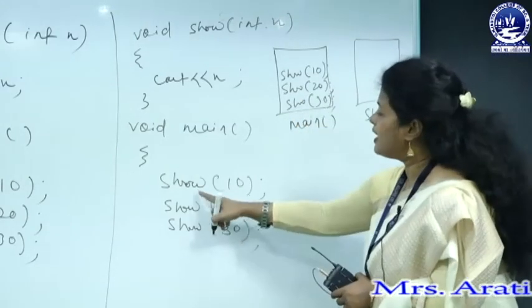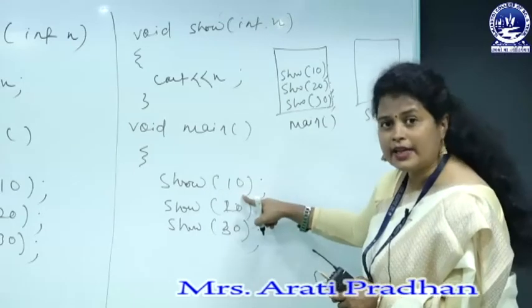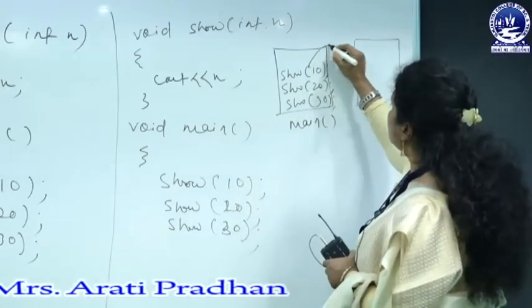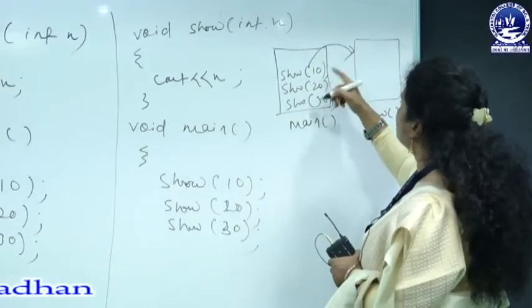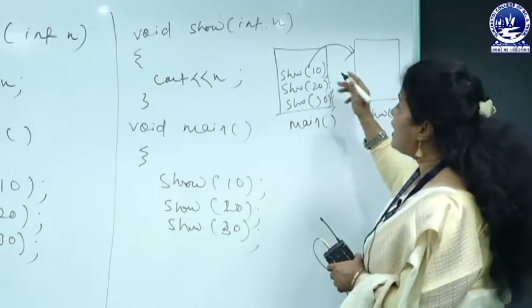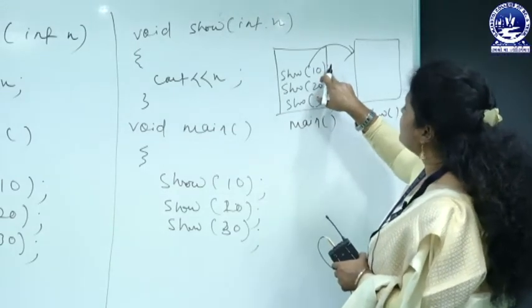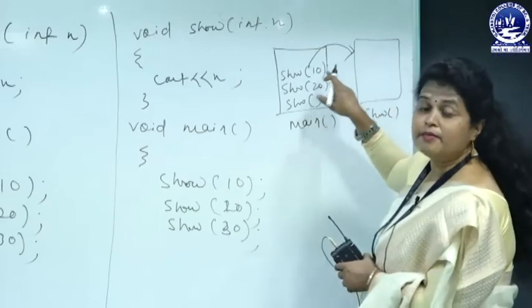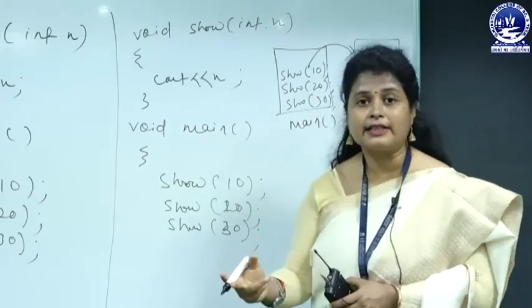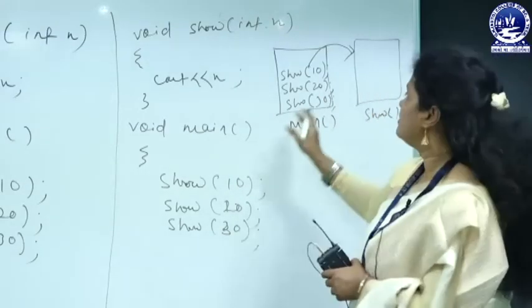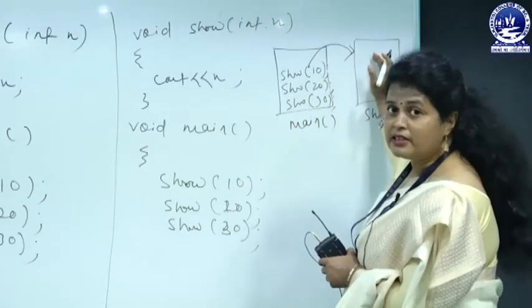When I am using the statement show(10), control will come from this part to this part, and we have to maintain two addresses, source and destination. This is the source part, this is the destination part.